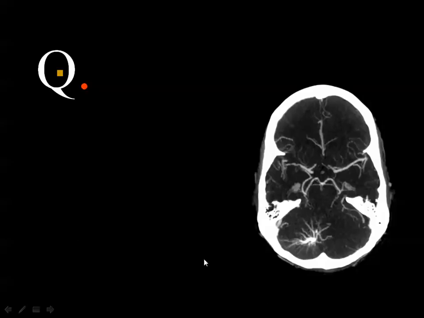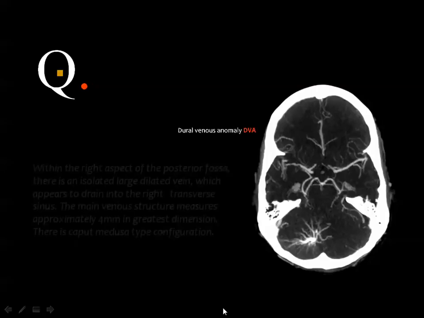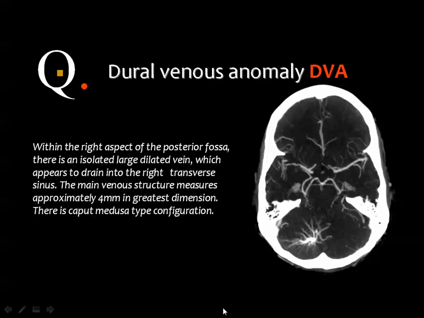And you see, this is an axial CT angiography of the brain showing a spider-like appearance of a vessel, a tuft of vessels in the posterior fossa, mainly on the right cerebellar hemisphere, and this is diagnostic of developmental venous anomaly, previously known as dural venous malformation, and this is the wrong term.